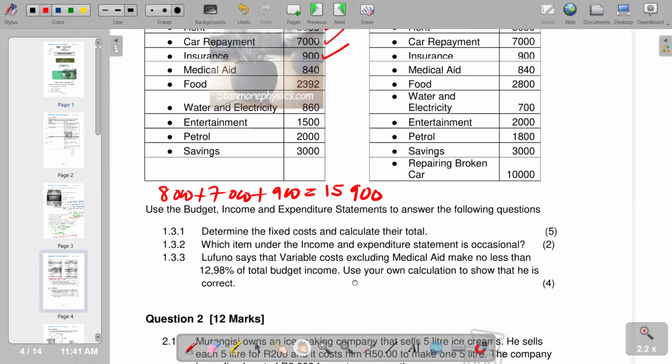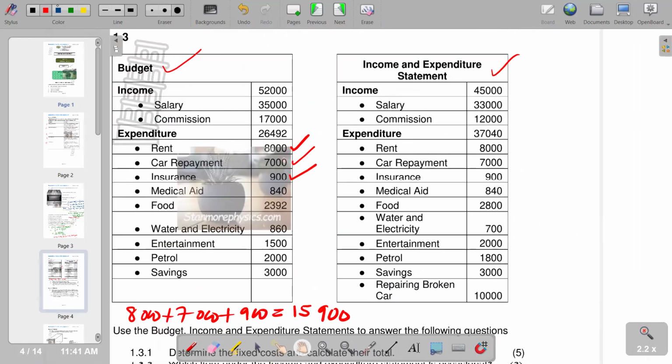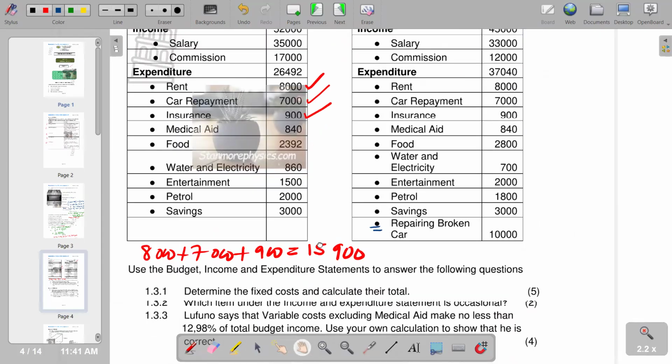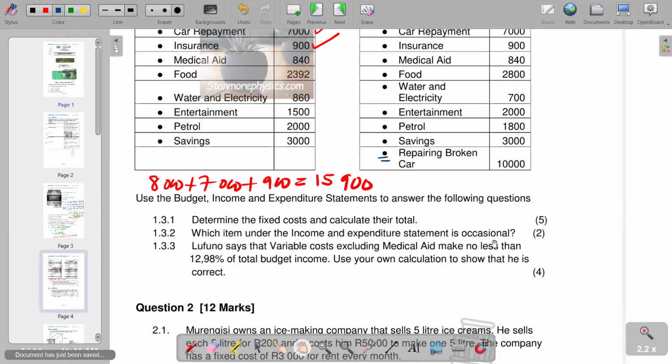So if you check according to what we have under the income and expenditure, something that does not happen each and every time, we can see that we've got repairing a broken car, something that is not encountered each and every time. So it becomes the response in terms of an occasional. So we have repairing a broken car is an occasional.